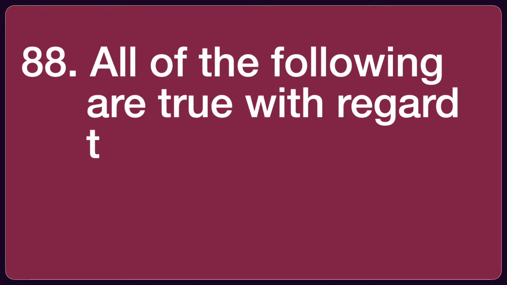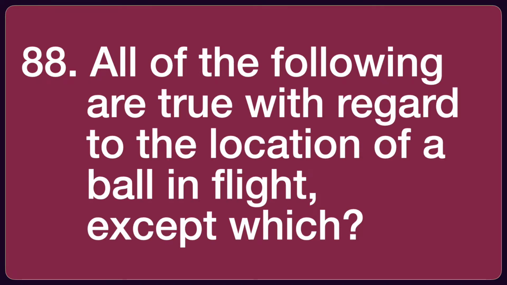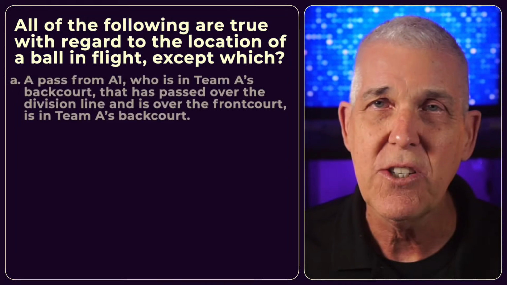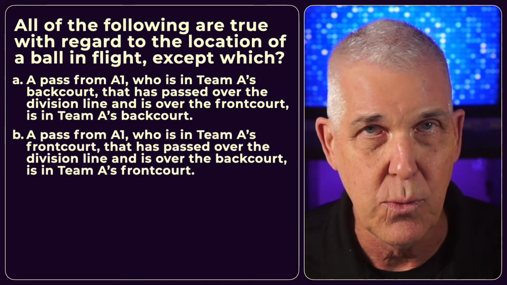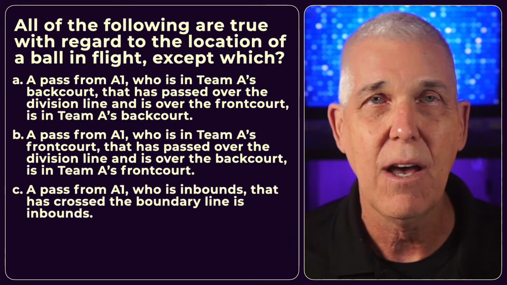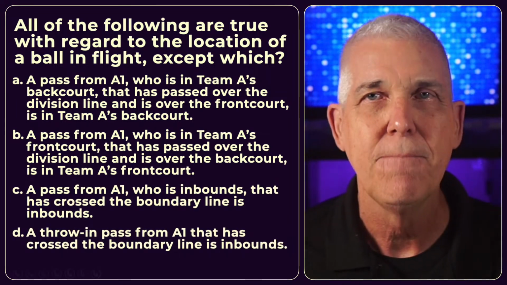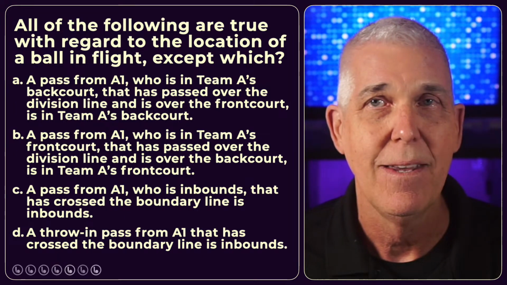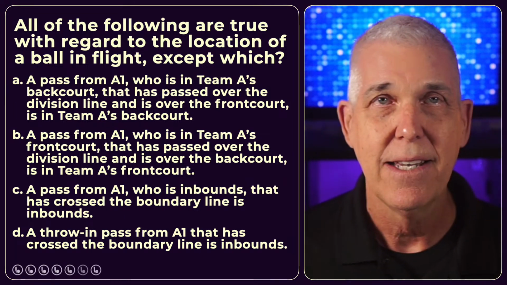Moving on. All of the following are true with regard to the location of a ball in flight, except which? Which of these is not true regarding the location of a ball in flight? Right, a ball in flight.